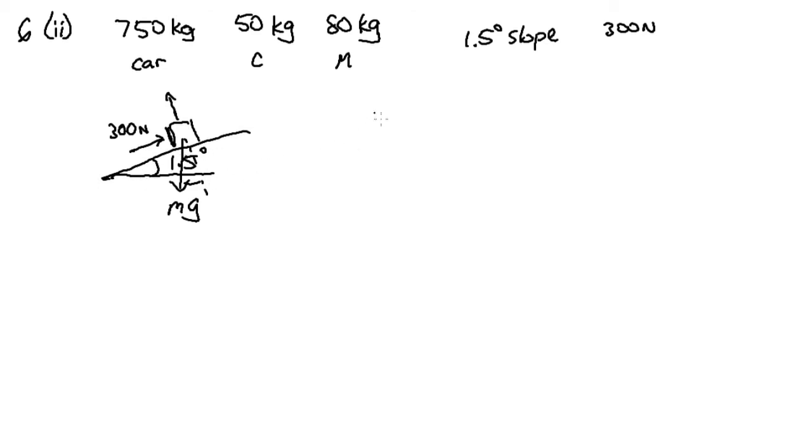You will know that if you've done enough slope questions, and therefore you can use the previous method that I taught you last time to find that the force going down the slope is equal to mg sine of 1.5 degrees.